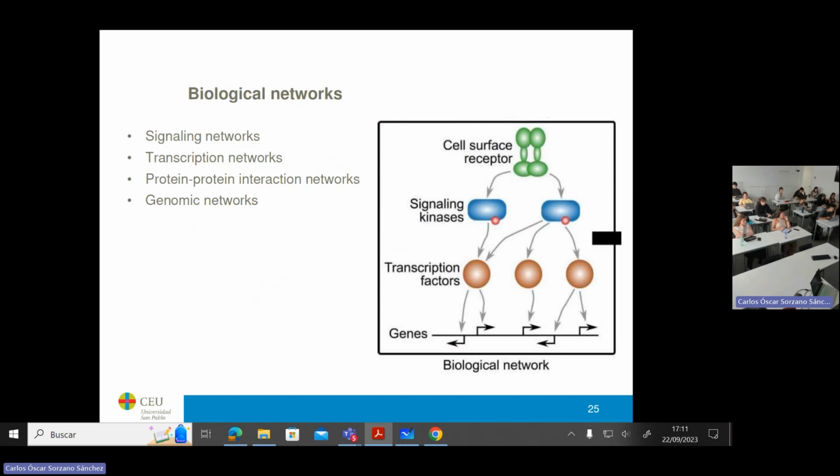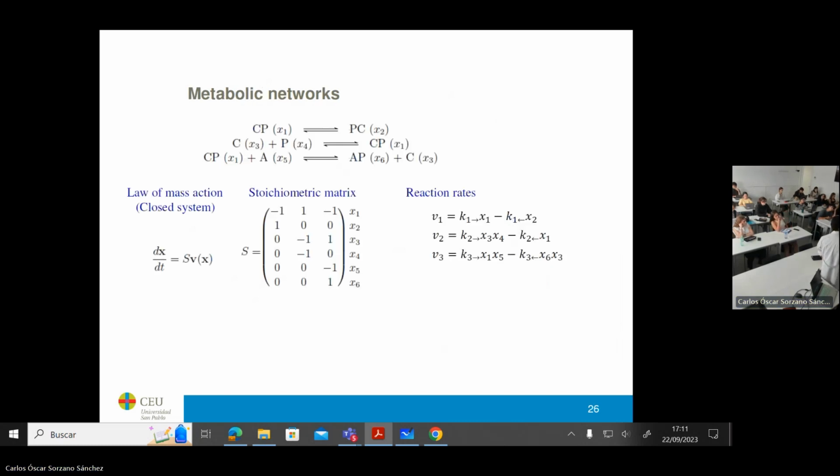So there could be a long cascade of connections, and then at the end, some genes are transcribed or not.